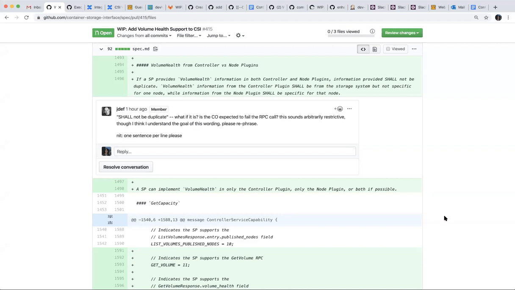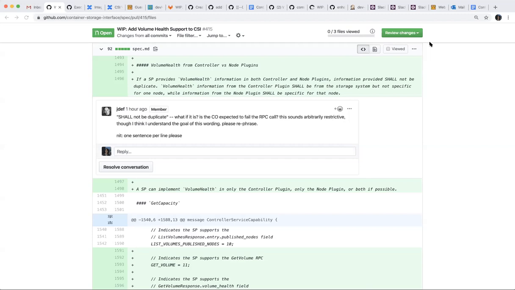If I can rephrase it, the controller health check can be called at any point, regardless of whether the volume is attached or mounted, so the CO can depend on it at any point to understand the health of the volume. On the node side, the only time the CO can depend on a signal from the node volume health check is when that volume is mounted. In the normal case where a plugin implements both, this should not be too problematic, other than the two-signals issue.